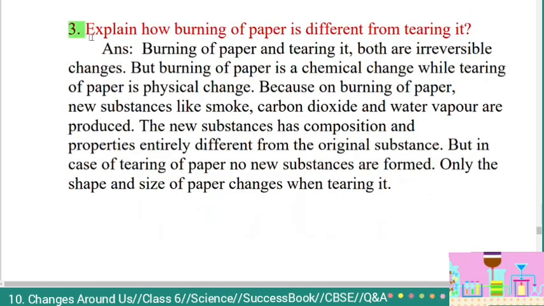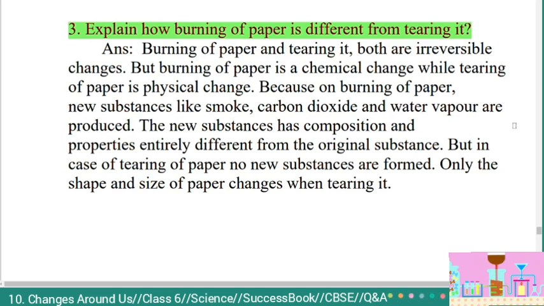Third question, explain how burning of paper is different from tearing it. Answer, burning of paper and tearing it both are irreversible changes. But burning of paper is a chemical change while tearing of paper is a physical change.